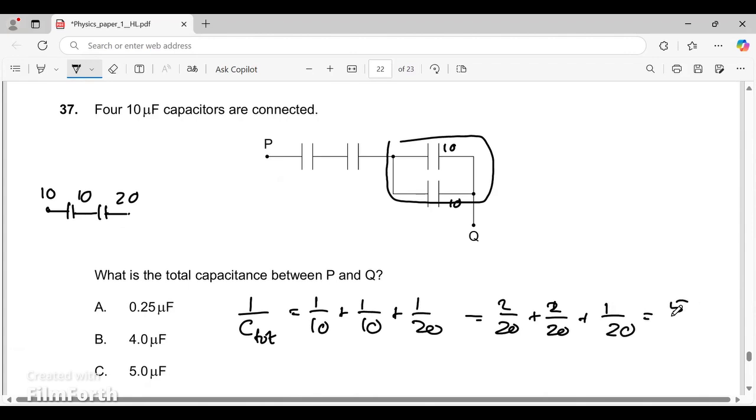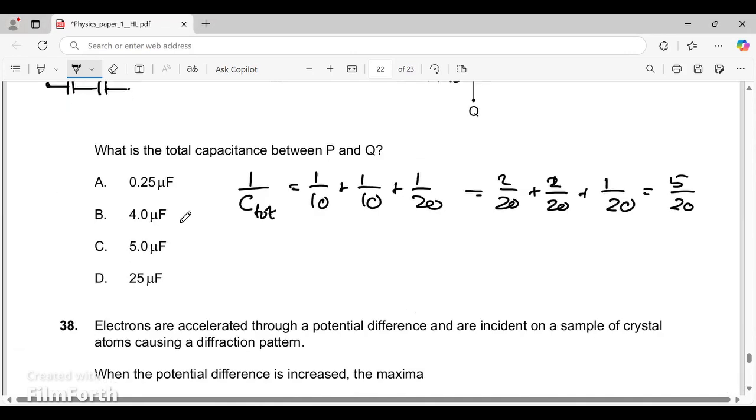It is 5 over 20. So we can determine the total capacitance equals 20 over 5. It is 4.0 μF. So B.